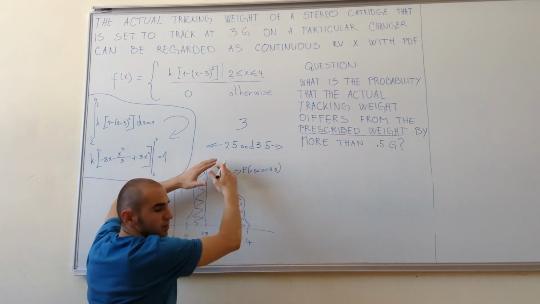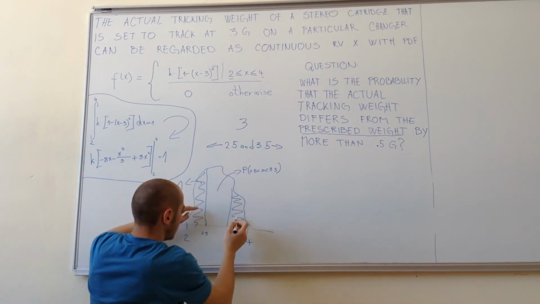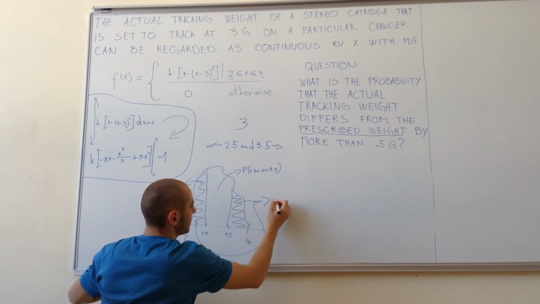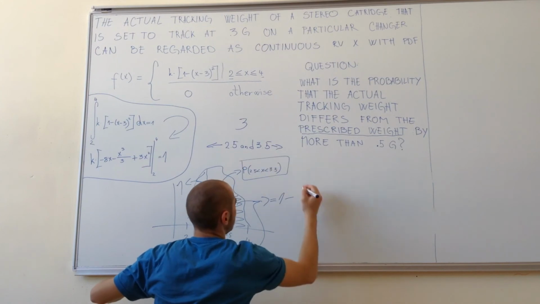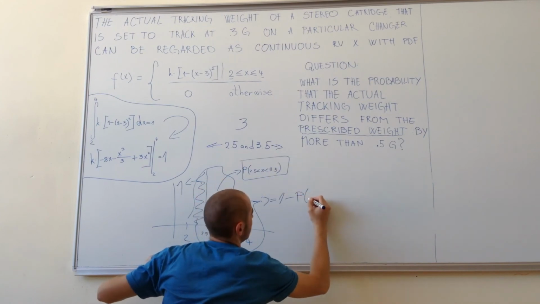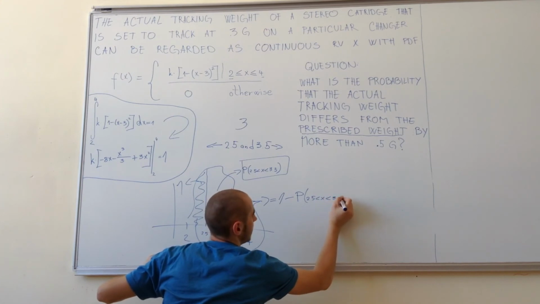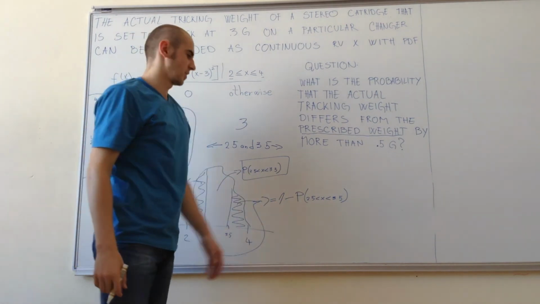And we know that the area of all this is 1. So this area here and here will be equal to 1 minus the probability that 2.5 is less than x less than 3.5.